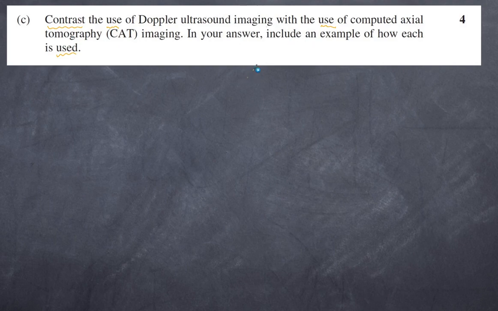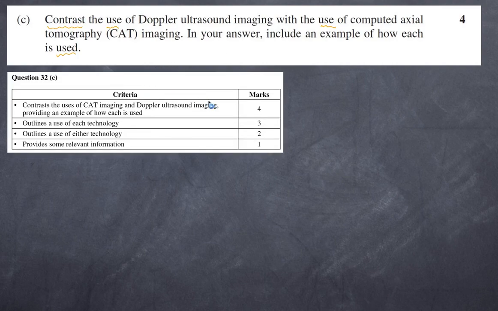So you really need to tie in their use with the reason why we actually have differences in the 2 imaging. Let's have a look at the marking guideline, and I also want to particularly make a strong highlight. Doppler is absolutely important. In order for you to get maximum marks, you need to refer to Doppler ultrasound imaging.